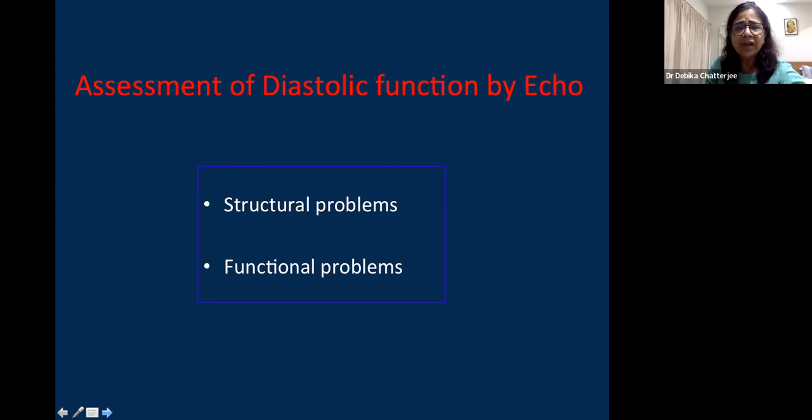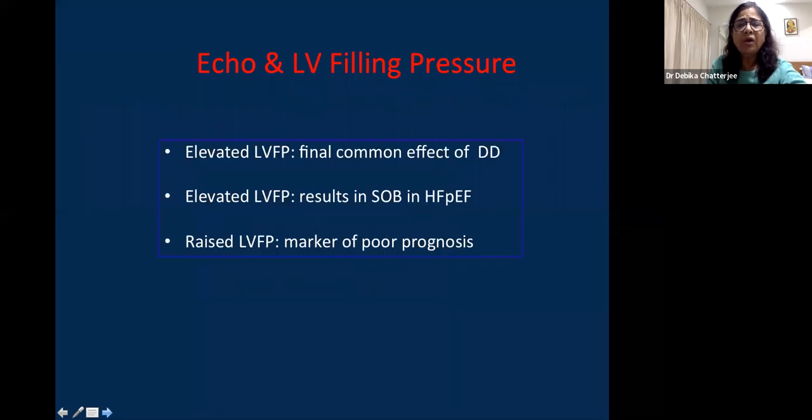while assessing the diastolic function by echocardiography, because echocardiography not only gives us information regarding the structural problems, but also gives us the functional problem regarding the LV filling pressure, which is elevated in diastolic heart failure, because it's the final common effect of diastolic dysfunction.